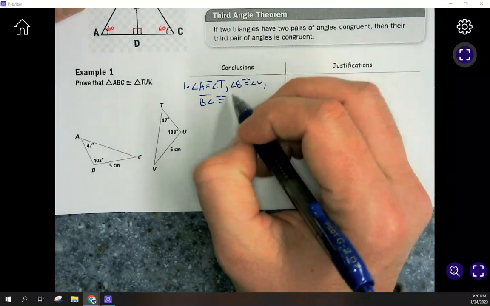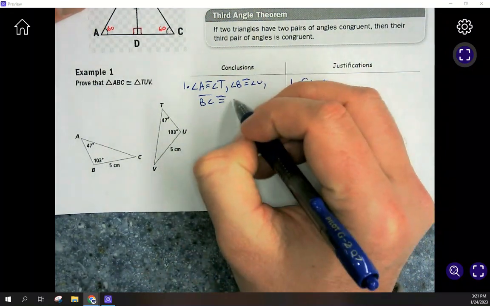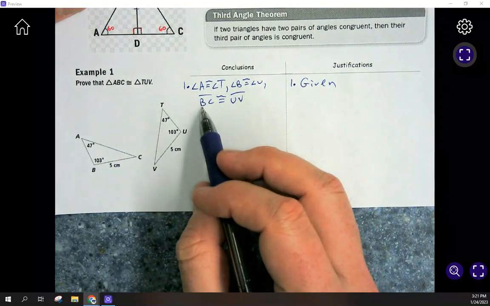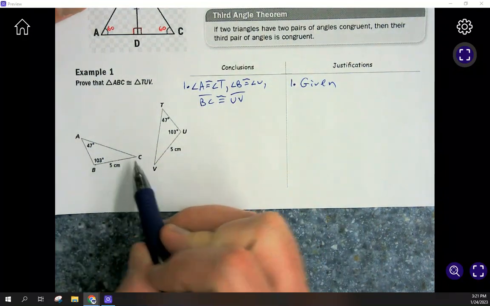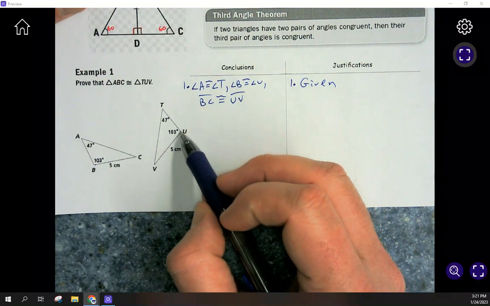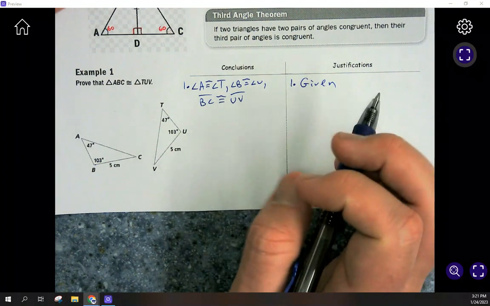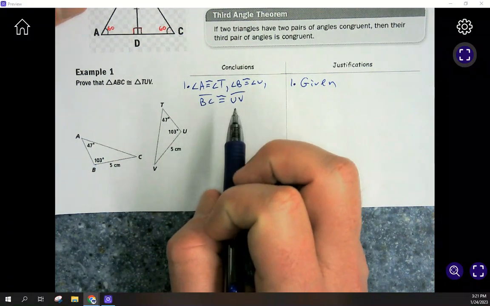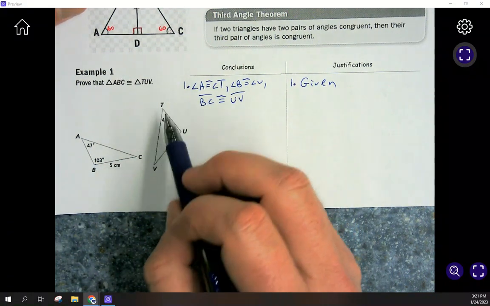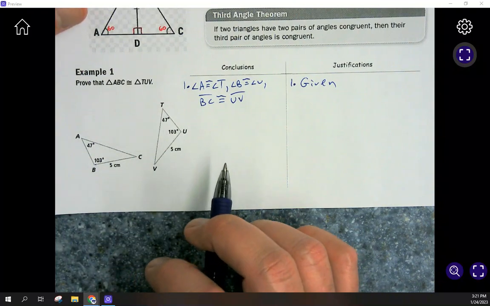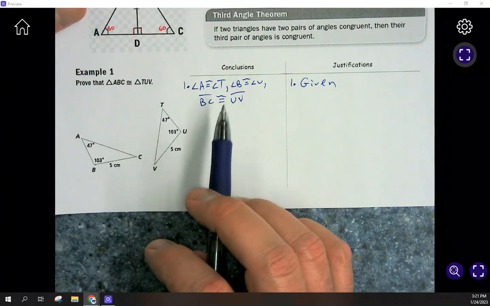So I'm going to name this one, instead of VU, I'm just going to go the other direction, UV, so that for BC, I went from the 103 away from it, and then for UV, I went from the 103 away from it. Now, specific to just the side lengths, it's not super important, if I'm being honest. But when we name the triangles, it is important to match up the corresponding angles as we go around, and we'll talk about that here.